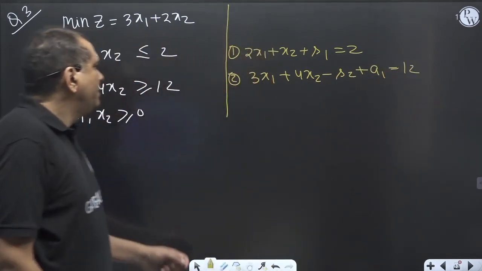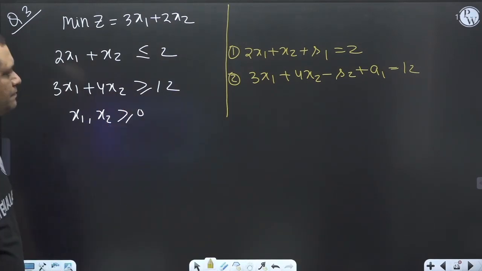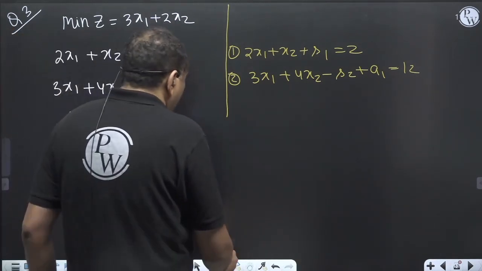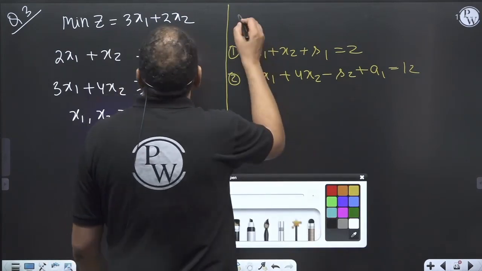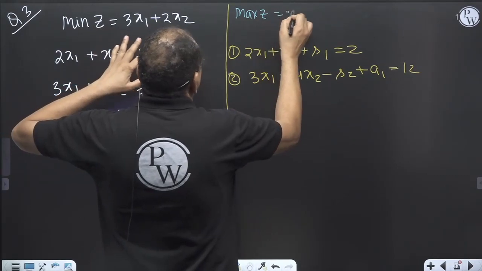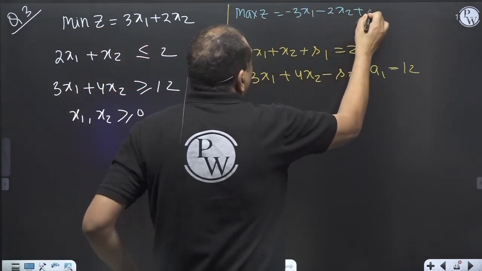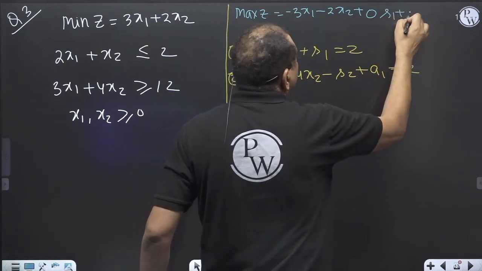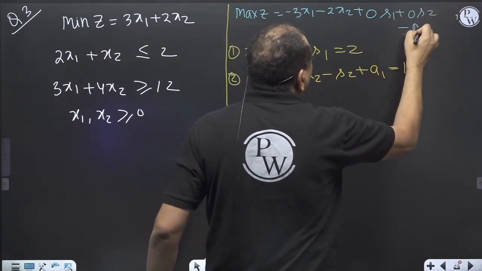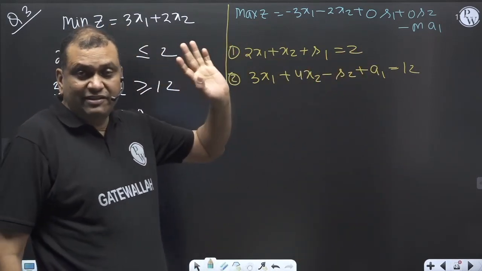Because along with the surplus variable, one artificial variable will come. The objective function, since it's a minimum, becomes maximize Z = -3x1 - 2x2 + 0s1 + 0s2 - M a1. Till now everything is the same.